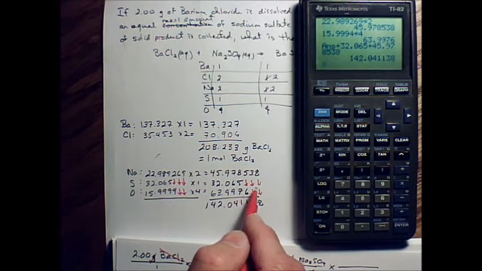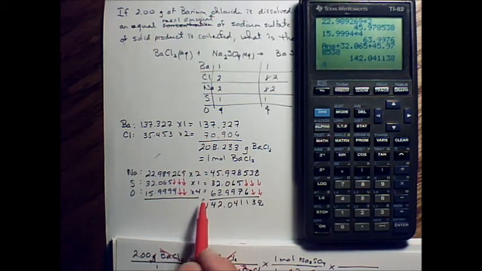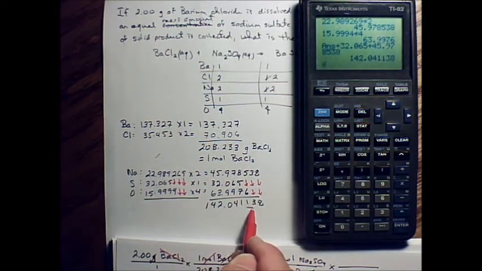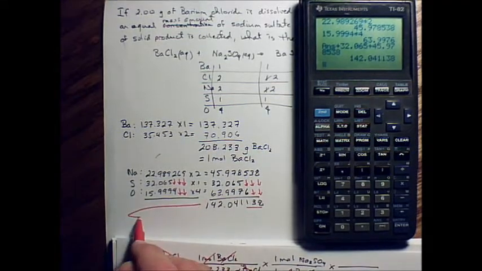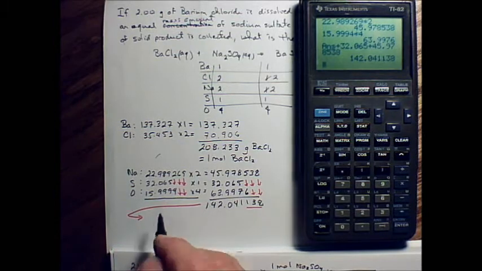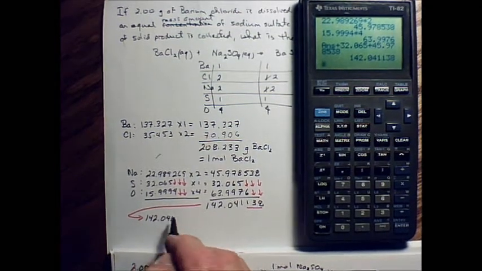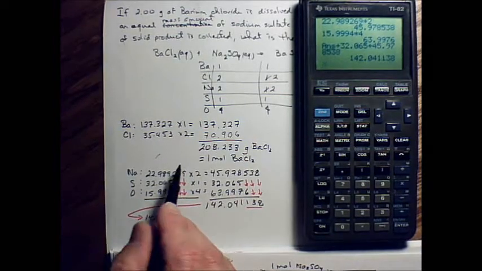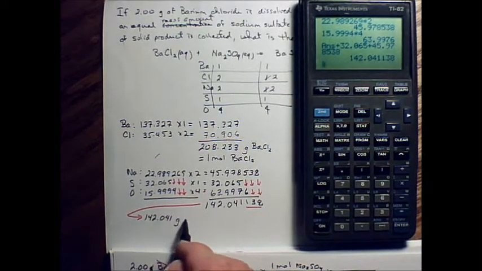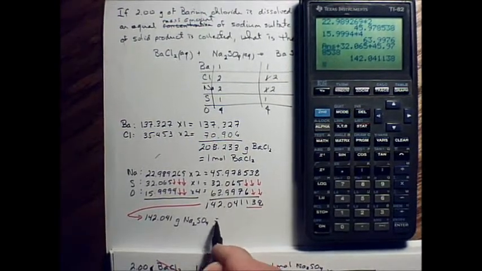But because we have 3 empty slots here in these columns to the right, we don't worry about slots that are empty to the left, only to the right. We're going to underline these 3 digits and round them off. And so the answer when we're done rounding off is 142.041, and that also is going to be grams of sodium sulfate, equals 1 mole of sodium sulfate.